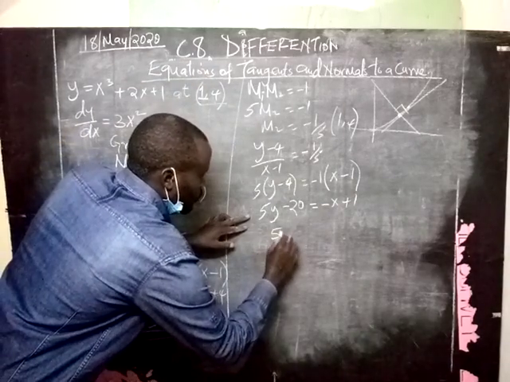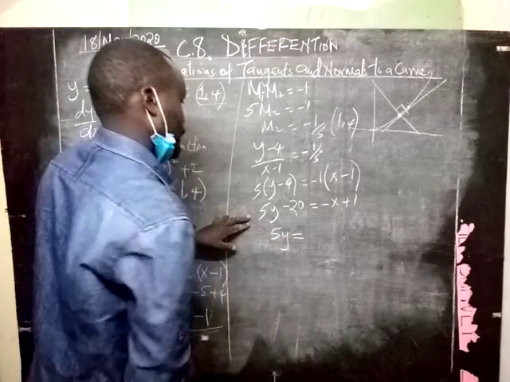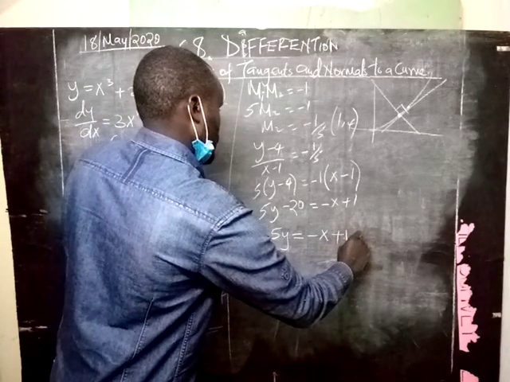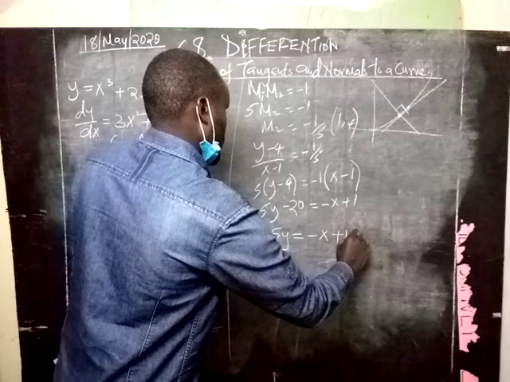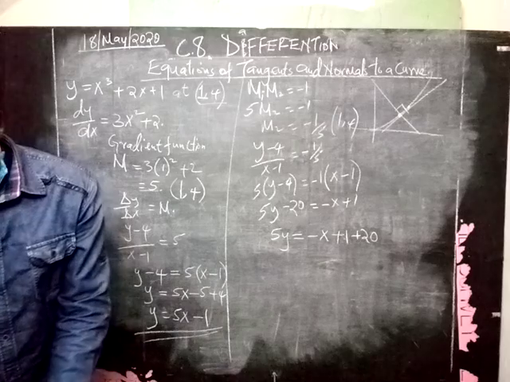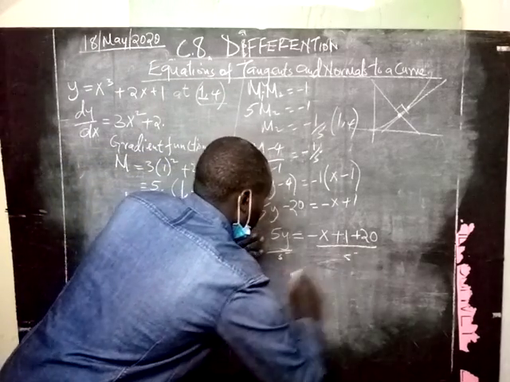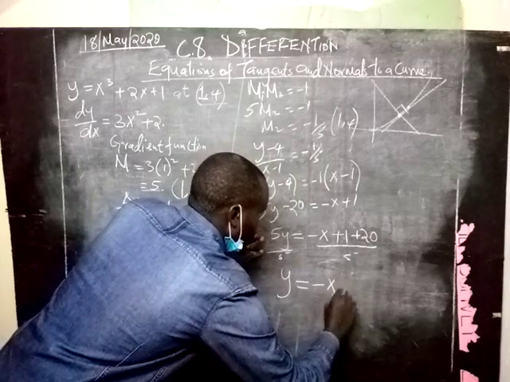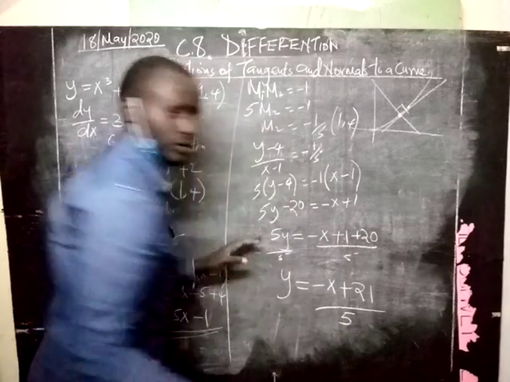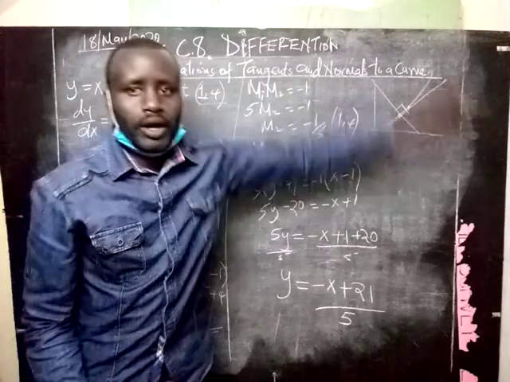So 5y equals -x plus 1 plus 20. Are we correct? Dividing by 5, we have y equals (-x plus 21) over 5. So this is the equation of a normal to a curve.